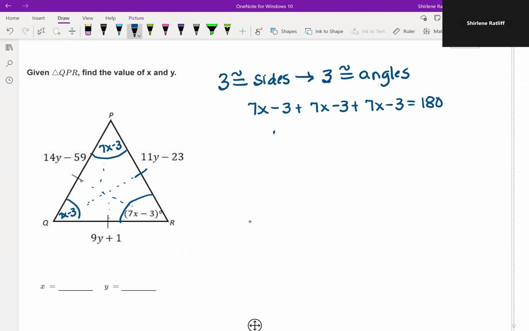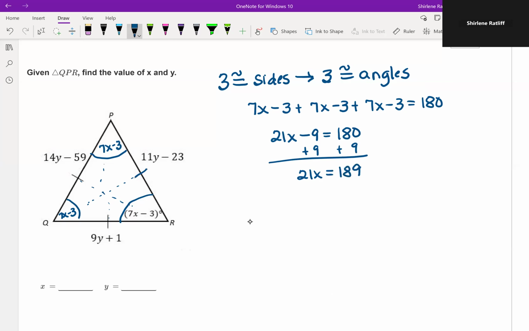All right, so that would be 21x minus 9 equals 180. Add 9. Y'all, again, I don't have my Desmos open, so I have to solve this using inverse operations like we did back in Algebra 1. All right, let's see. What do I think that's going to be? I think that's going to be x equals 9. We'll come over here and check. Yep, x equals 9.